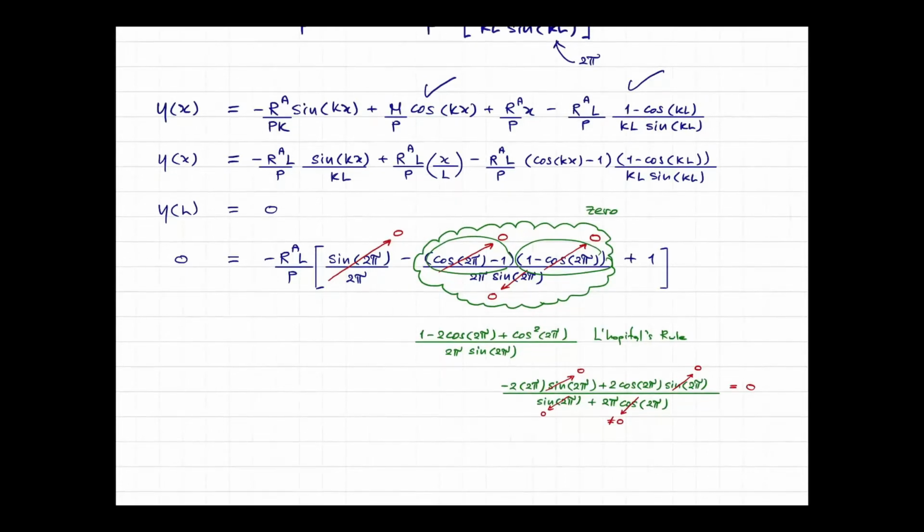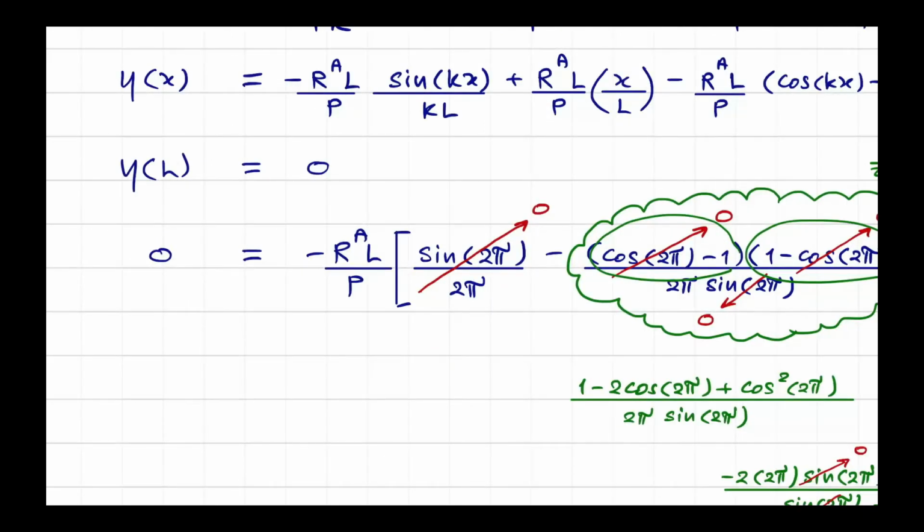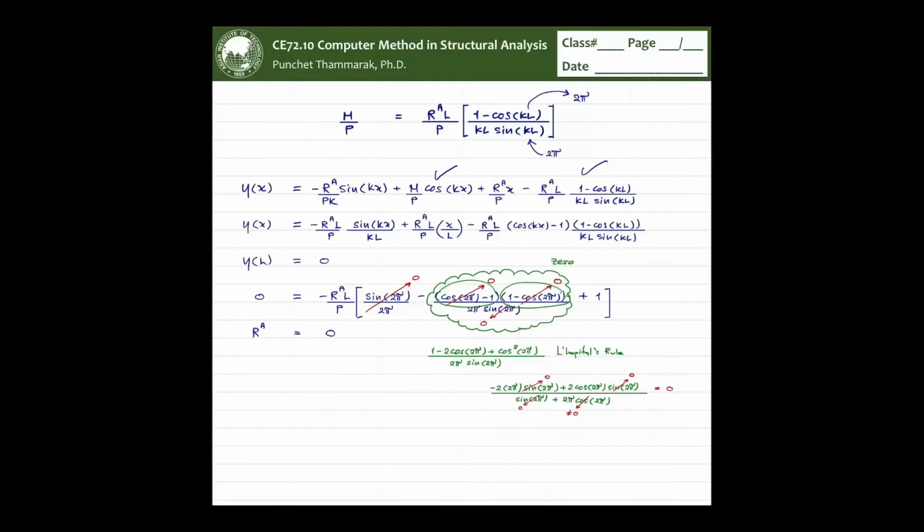And that confirms that as P is not 0 and L is non-zero, the RA has to be 0. So we don't have a shearing force during the buckling of this system.